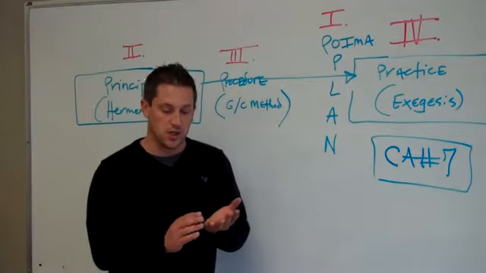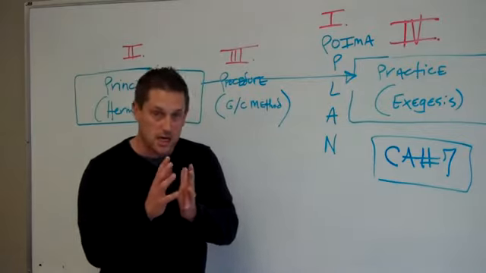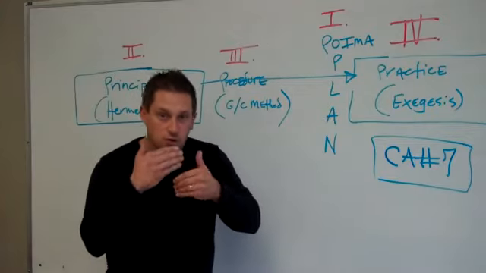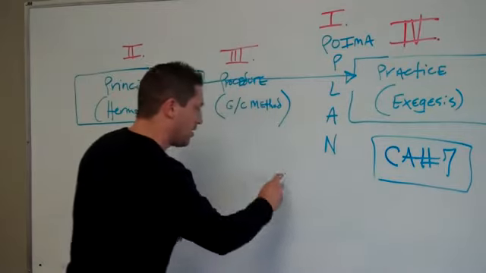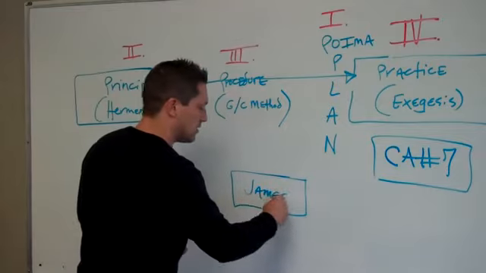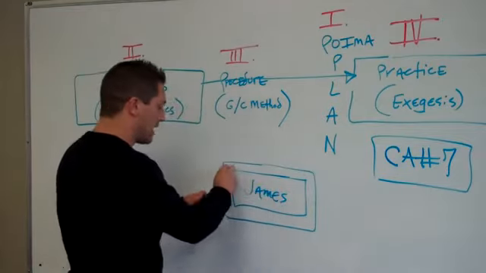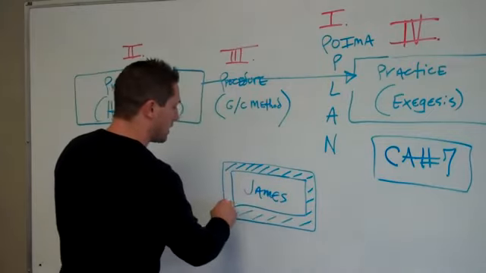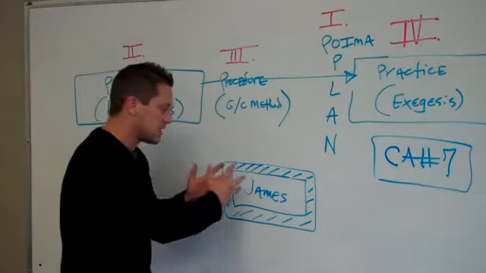You're going to be looking for the relationship between the author and the audience and any other relevant background material, and spending time trying to recreate that and put that frame around the letter of James. As you study through a book or a letter, studying the historical background of the whole book really frames, not limits, but frames the context in which you're reading.